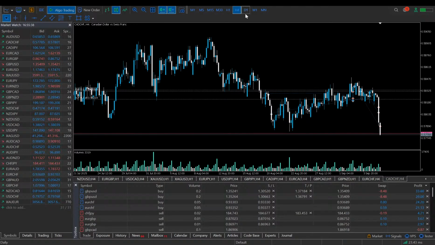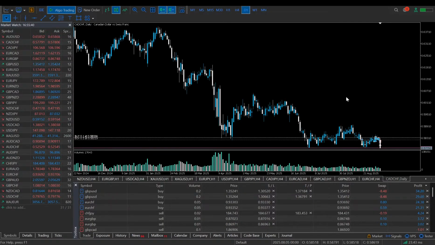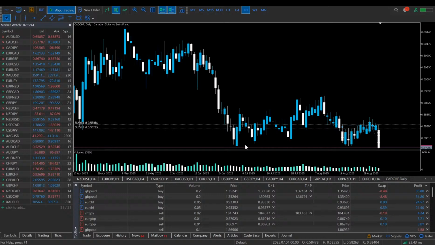Now, if we look at the daily time frame, we said that it's been trying to look for a possible continuation to the downside. But in a situation like this, I do believe that we are having a sweep to the downside.